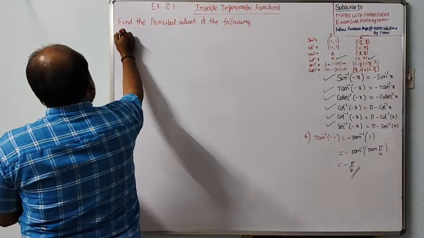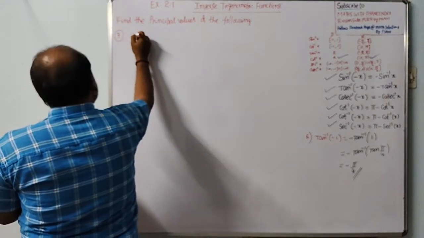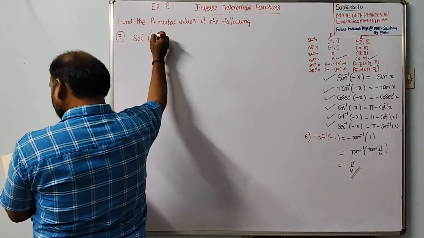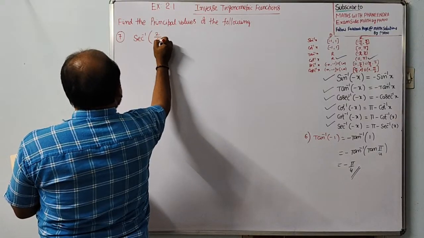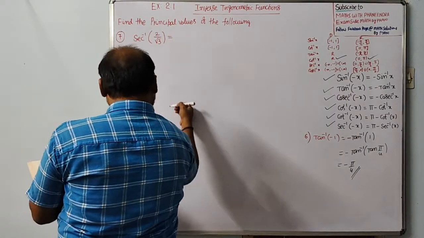These 7 questions. 7th one: secant inverse of 2 by root 3. We know how much it becomes.